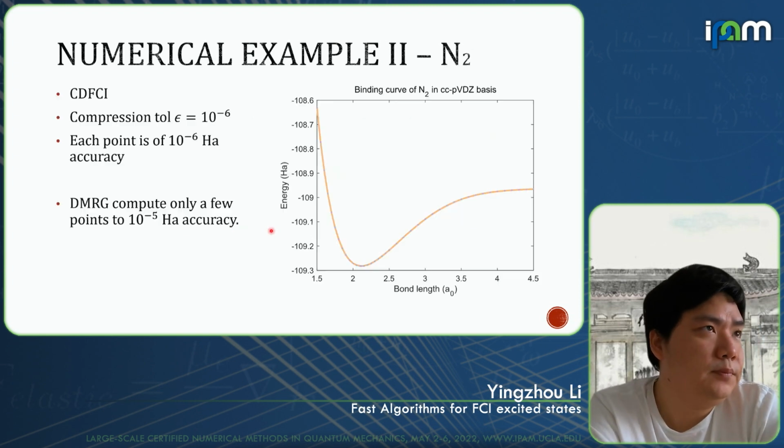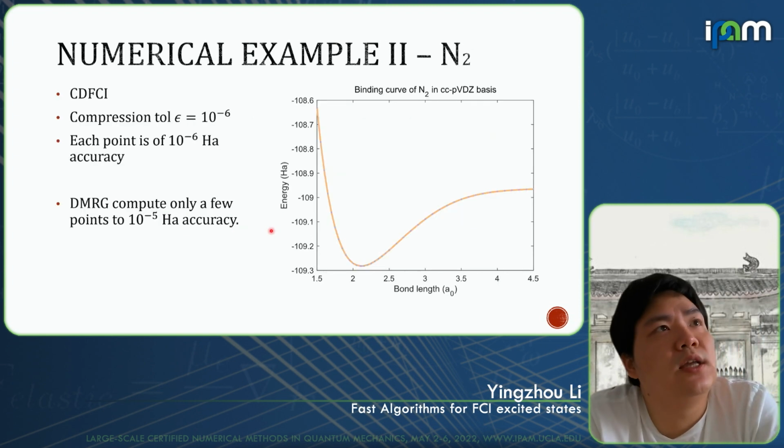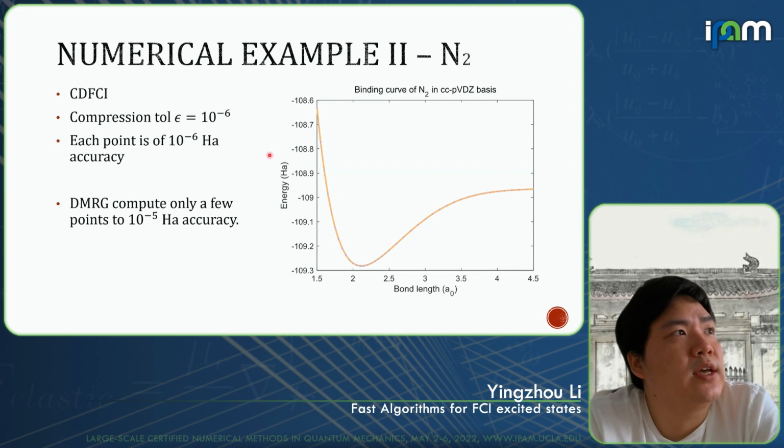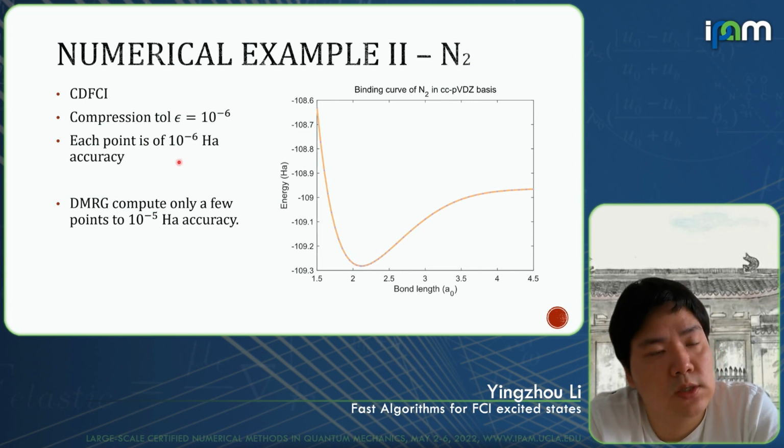Now, if we take a look at the nitrogen dimer, we can calculate the binding curve with great accuracy. Here we use a compression tolerance of 10 to the negative 6, and each point is accurate up to 6 digits, so this is 10 to the negative 6 Hartree accuracy.